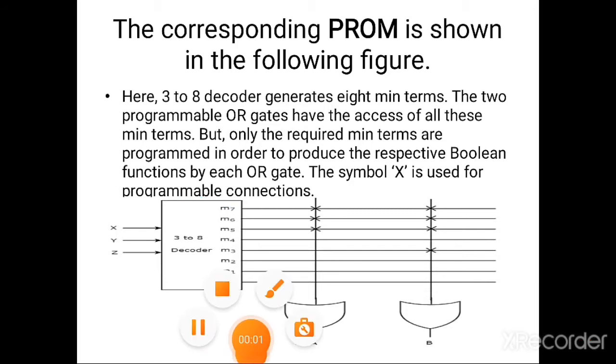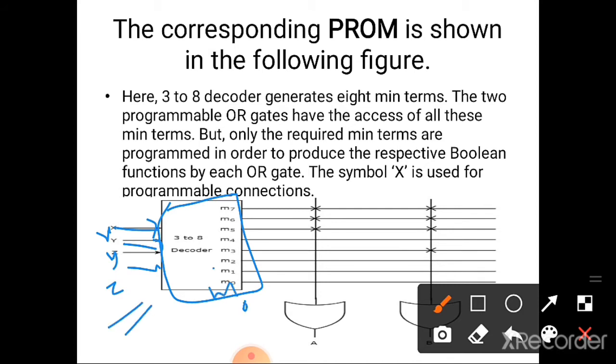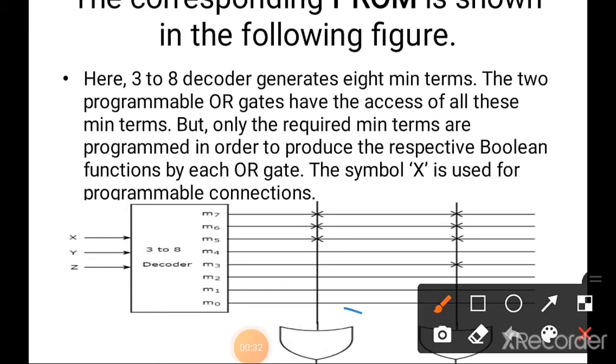Here we are using three inputs x, y, z, and the outputs of the 3 to 8 decoder are the minterms. How many outputs are there? 8 outputs, M0, M1 up to M7. For the two functions, we are using two OR gates.